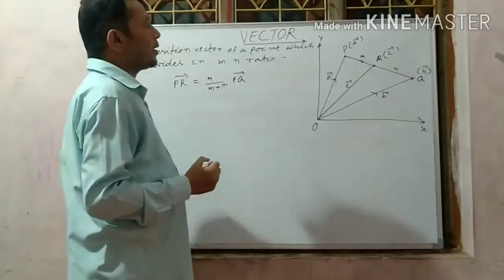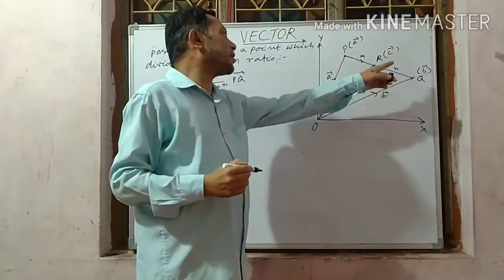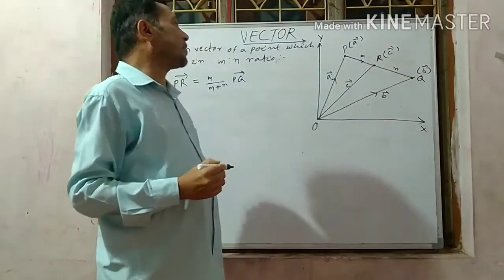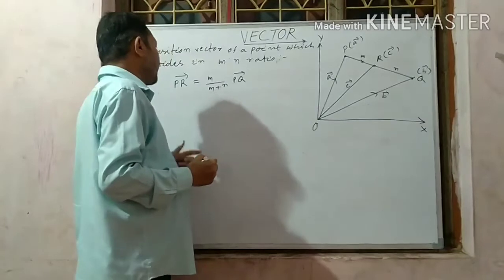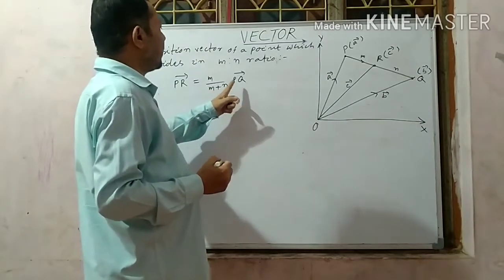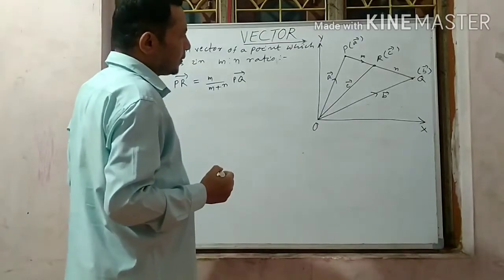The total vector PQ is m plus n parts and PR vector is m parts. So vector PR is equal to m by m plus n into PQ vector.